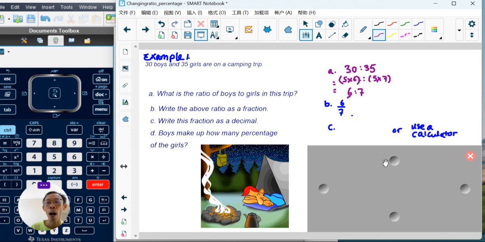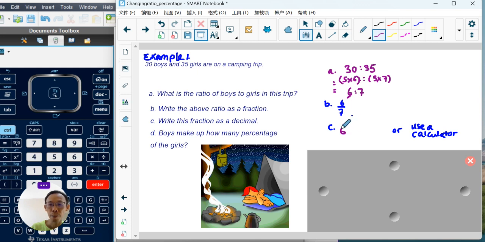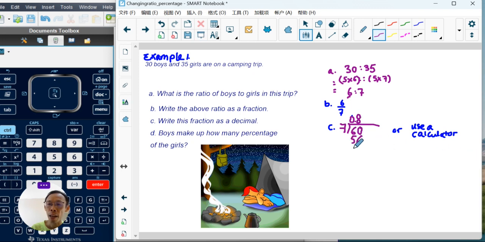As a decimal, then what I have to do is take 6 divide by 7. Let me redo this again. We can see that 6 cannot really divide by 7, so I have to add 0 here so that this becomes 60, and then I can put in here 8. 8 times 7 is 56, and then 60 minus 56 is 4, and then 40.